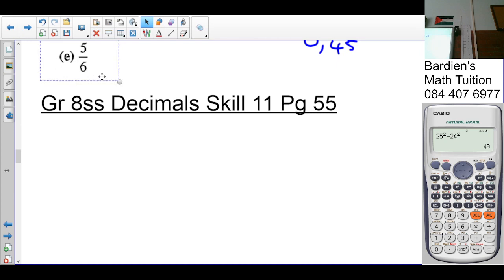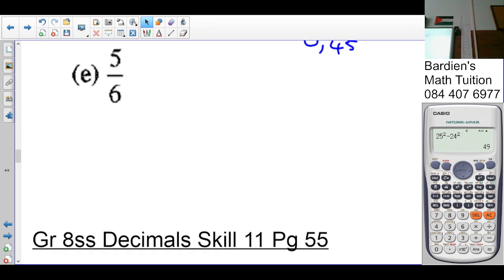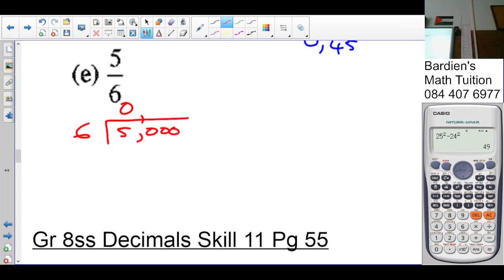5 over 6. Again, we can't write that as a base of 10, 100 or so on. So what do I do? I say 5 divided by 6. 6 can't go into 5. So I put a comma and a few zeros in. So this number is now 50. 6 goes into 50 how many times? 42, 48.